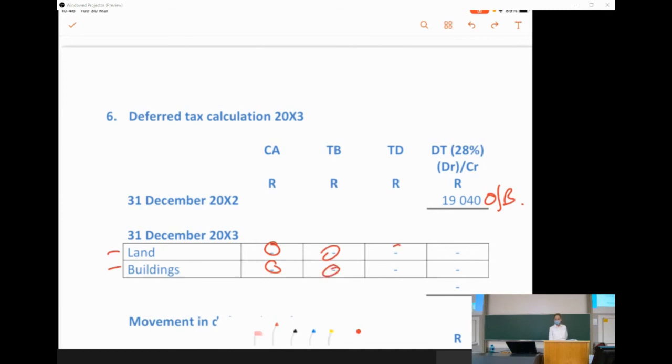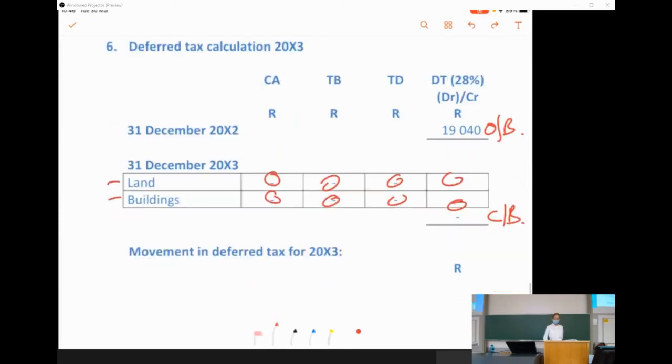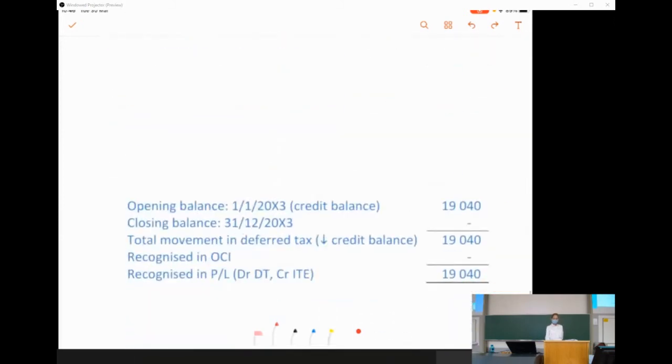They won't have tax basis anymore. Nothing. My closing balance will be a zero. Okay, so the full movement there, the 19,040 movement, will go to my income tax expense. Okay, so the full movement goes to income tax expense.